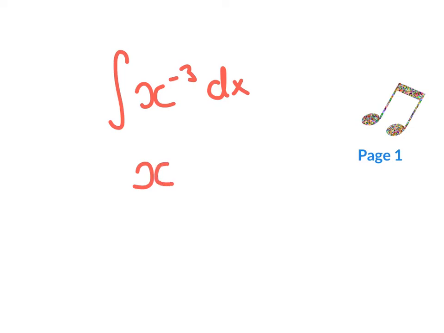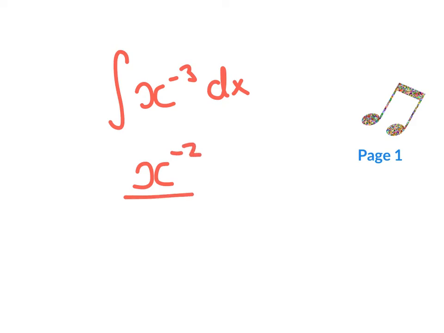Okay, the second example, we're asked to integrate x to the power of negative 3. Again, with respect to x. So I'm going to increase the power by 1, and remember, be careful with your negative indices. 1 more than negative 3 is negative 2.